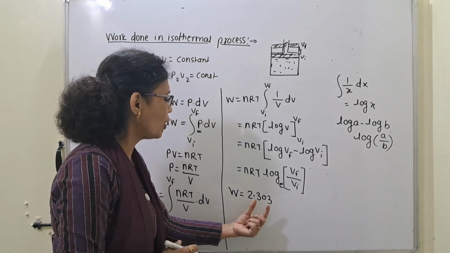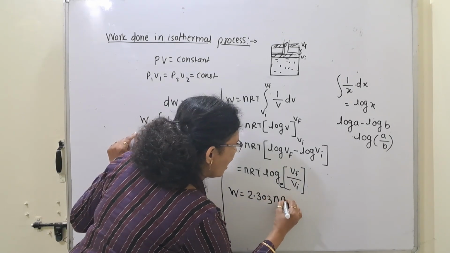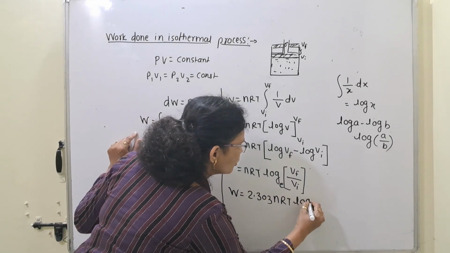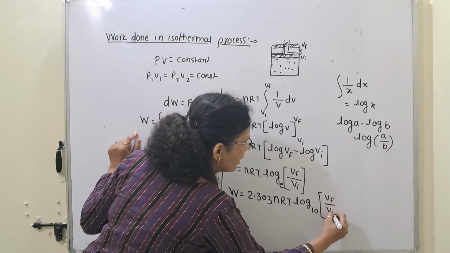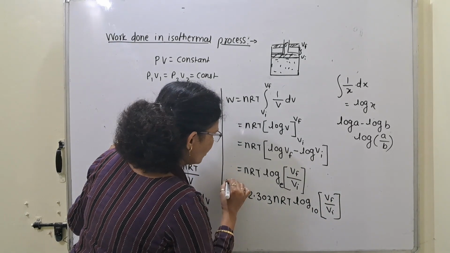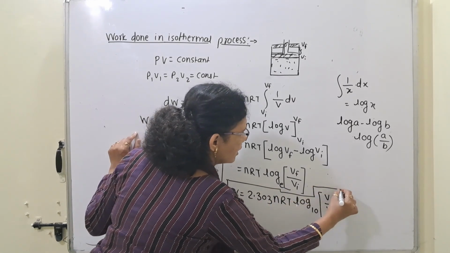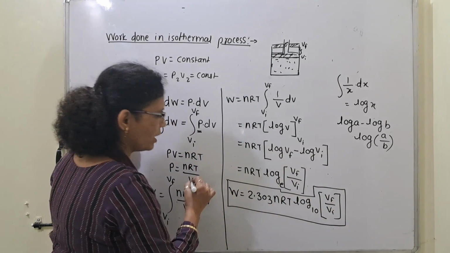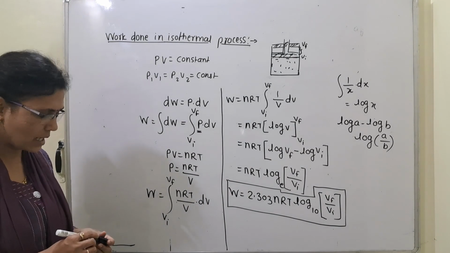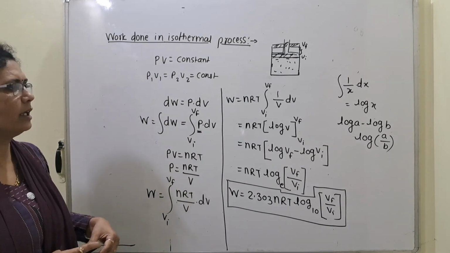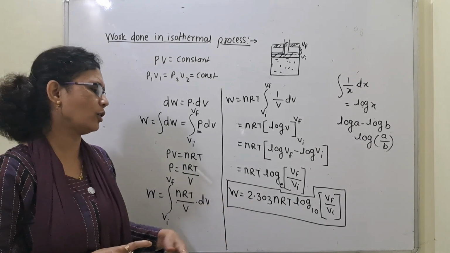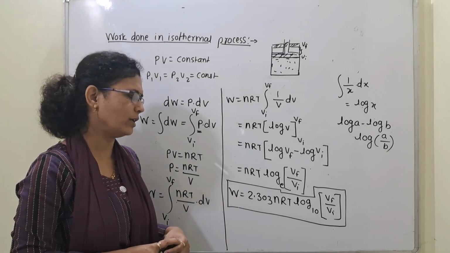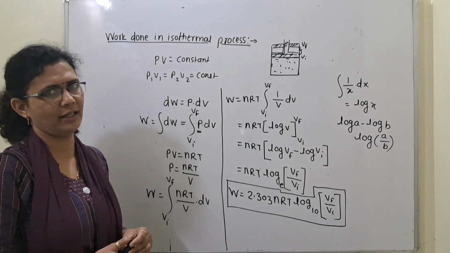Right? 2.303 nRT log to the base 10 of Vf upon Vi. So this is the work done in isothermal process. This is the expression for work done in case of isothermal process, that is 2.303 nRT log of Vf upon Vi to the base 10.